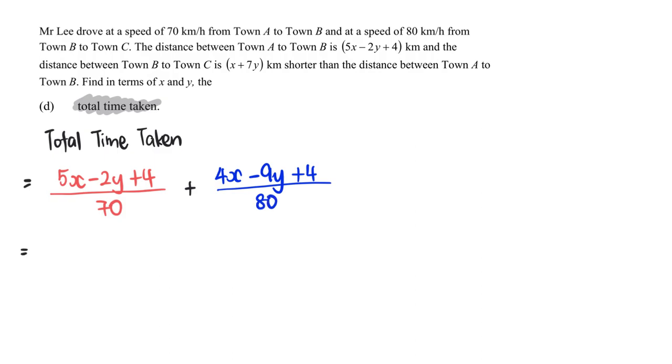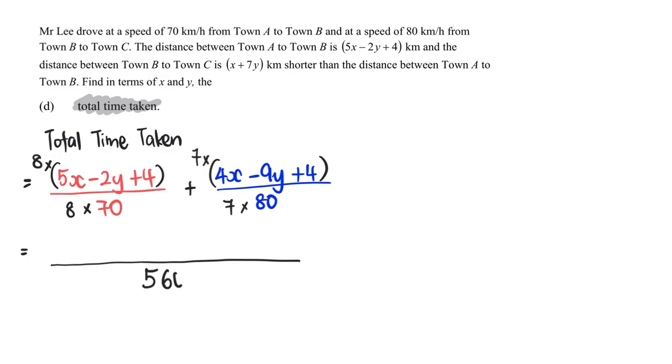And to do this question, you will then see Mr. Tan writing a bracket down. And I am going to try and make sure that the denominator is the same. Okay. And that will be, I'm going to times 7 here, times 8 here, so that the common denominator is 560.